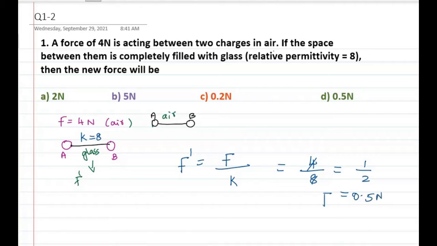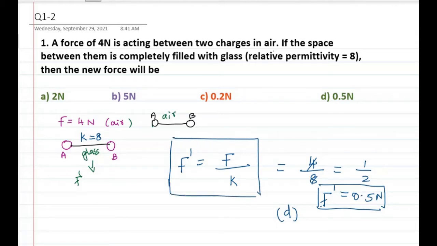So the new force will be 0.5 Newton. Option is D. The important relationship is the new force is F divided by the dielectric constant.